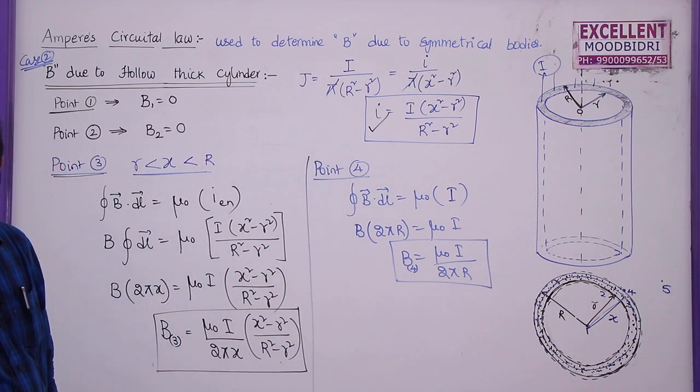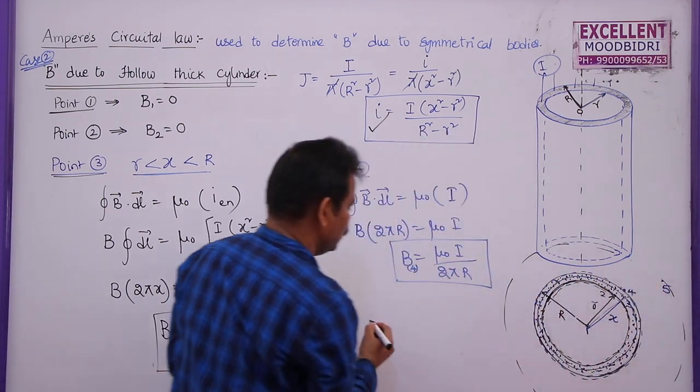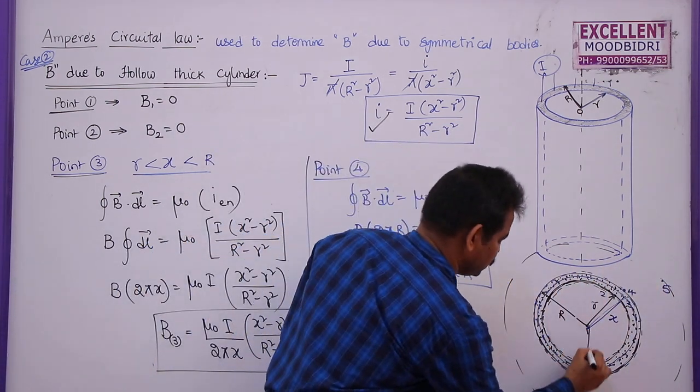Then what is the magnetic field at point 5? So at point 5, through this construct an Amperean loop. This will be the distance from here to here.